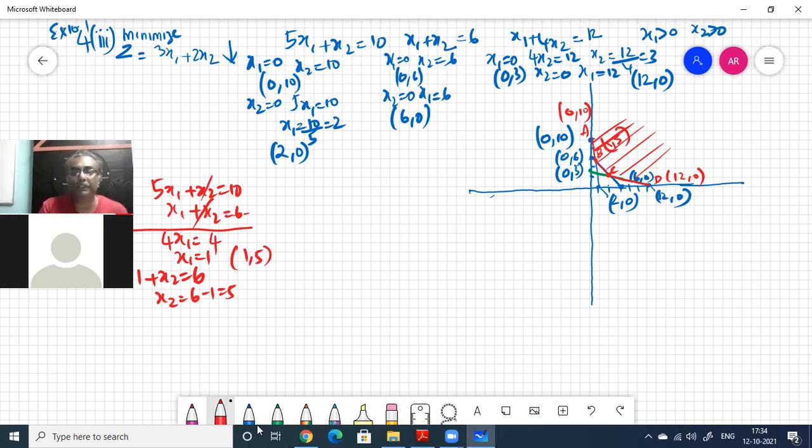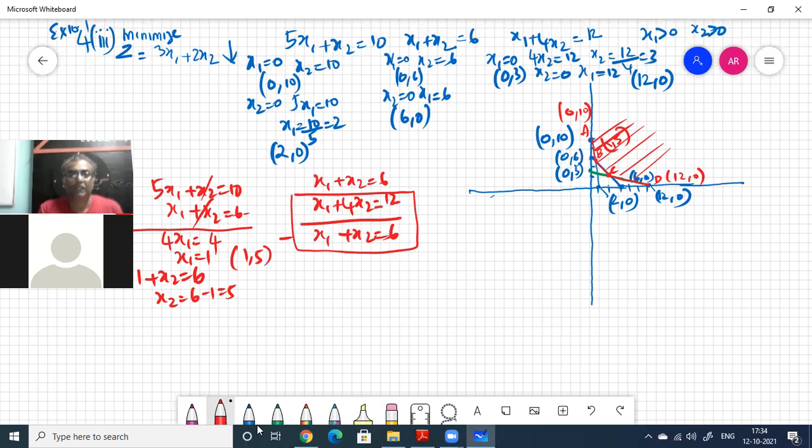Same way we have to find point C. Point C is the intersection of x1 plus x2 is equal to 6, second line, with the third line, x1 plus 4x2 is equal to 12. Again, you can subtract simply. x1 minus x1 is gone. 3x2 is equal to 6. x2 is equal to 6 by 3 is equal to 2.